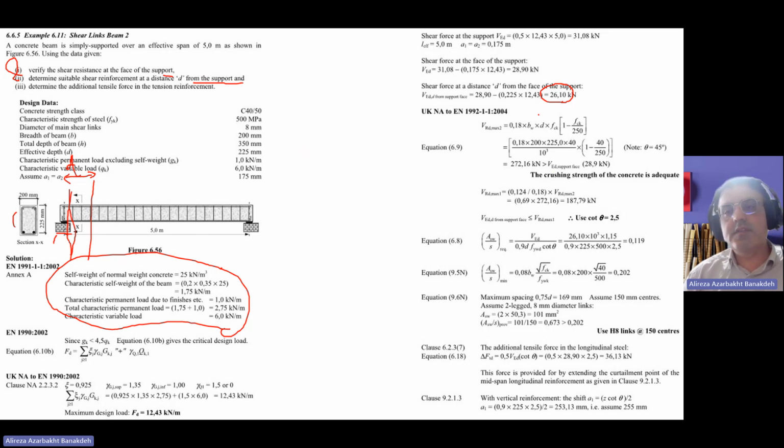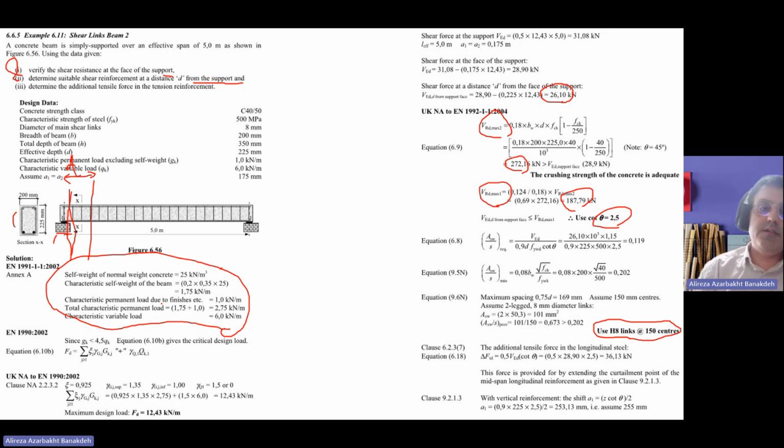Again, when you know what is the force for the design, you need to calculate max 1 and max 2. In this case, it is 200 something and 100 something. Again, you are in case number 2, the cotangent theta is 2.5, and it's very straightforward to design your shear reinforcement, which will be number 8 in each 15 centimeter.